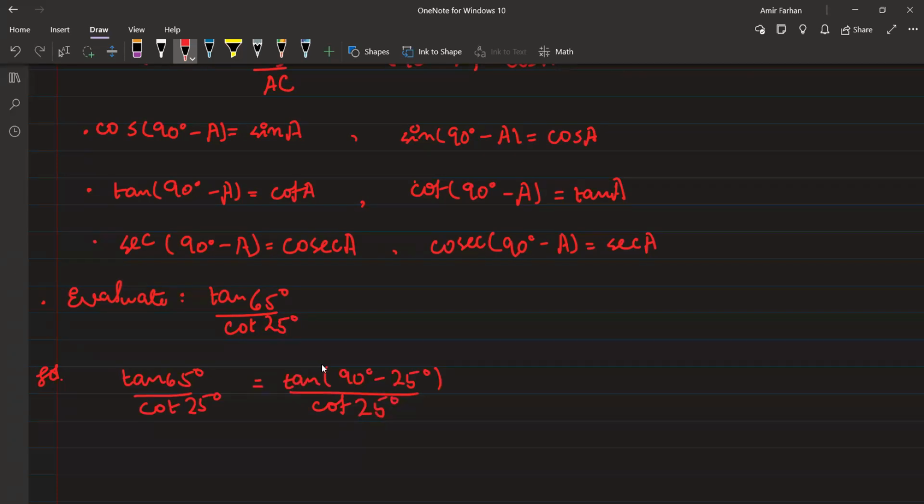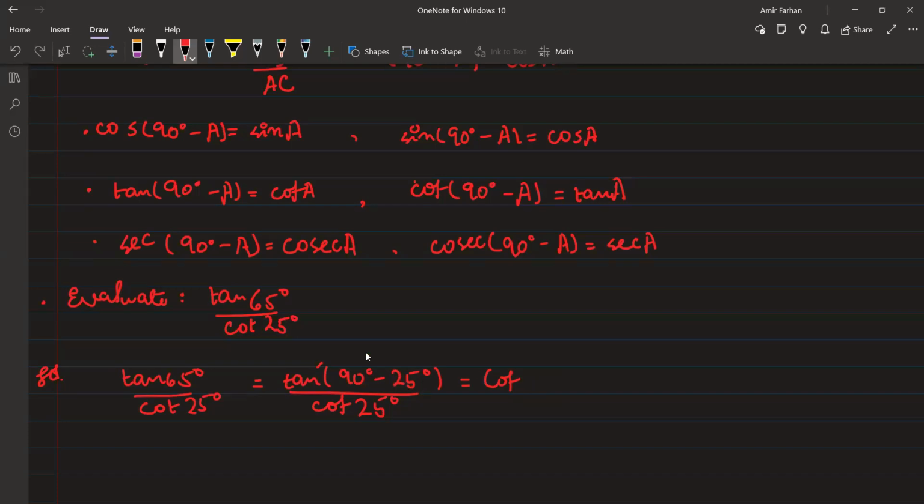So Adil, tell me, tan(90° − A) equals what? The angle should be the same here. As you can see, tan(90° − θ), what should be the angle inside the cot? Not 65.